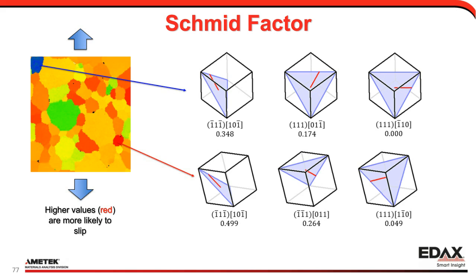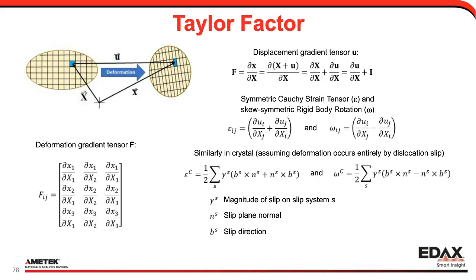Now, we can also use a Taylor factor, which considers the idea that slip is more likely to happen on multiple slip systems. Once again, you have a deformation gradient tensor, like I talked about earlier, where we look at a point in the original space versus the deformed space, tracking the same point.